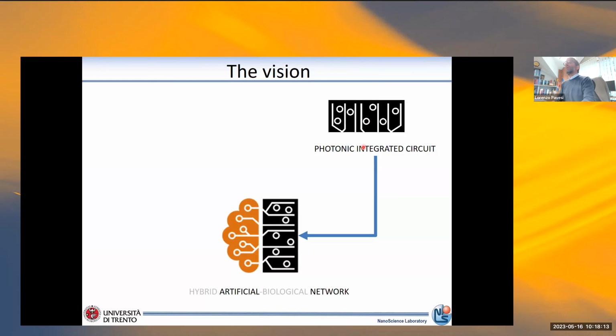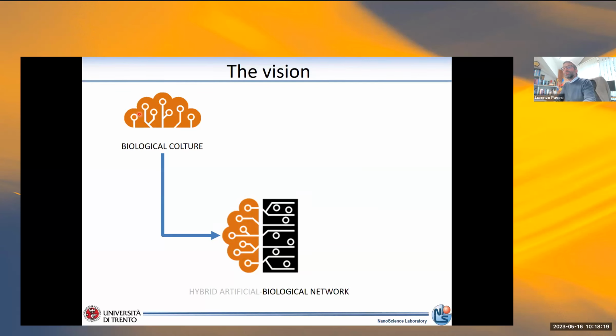The vision is to have the photonic integrated circuit in order to make an artificial network. On the other side, we also want to capture a biological culture in order to make a biological network, using light to stimulate the neurons and make them perform as we desire.